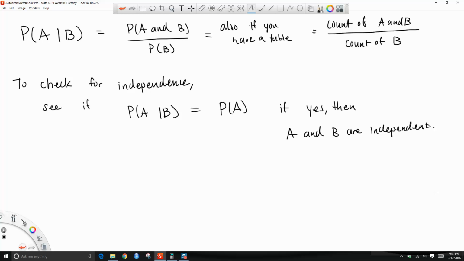We have kind of a multiplication rule. So earlier, on the previous page, we have probability of A given B equal to the probability of A and B divided by the probability of B. Okay?